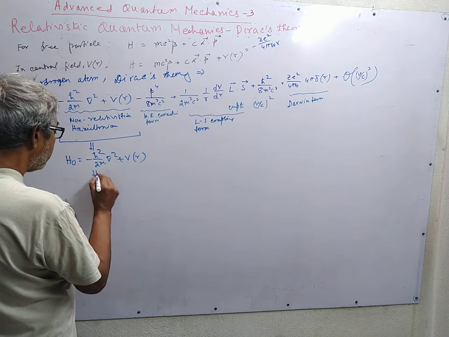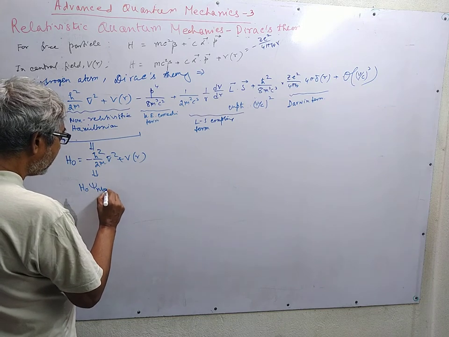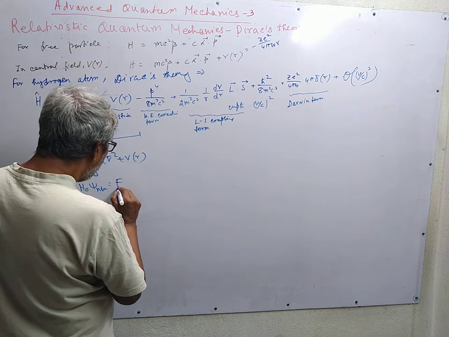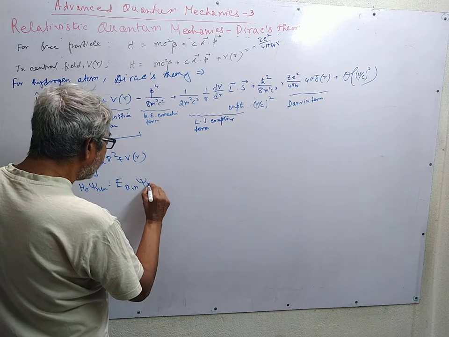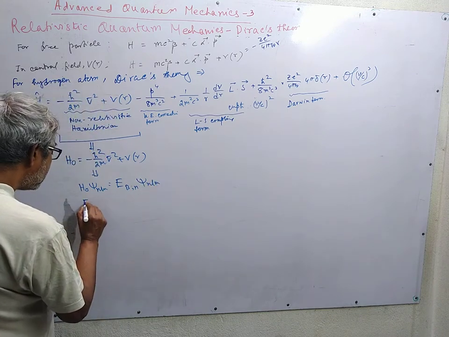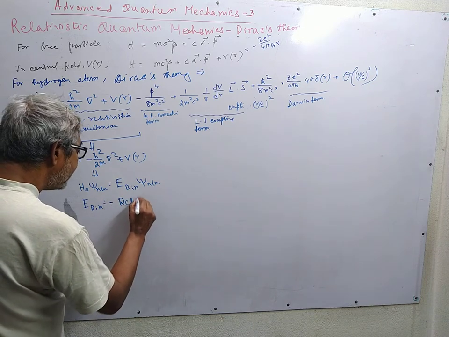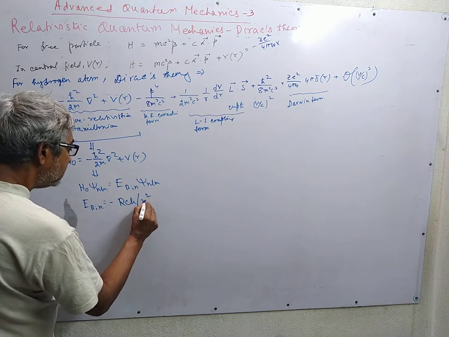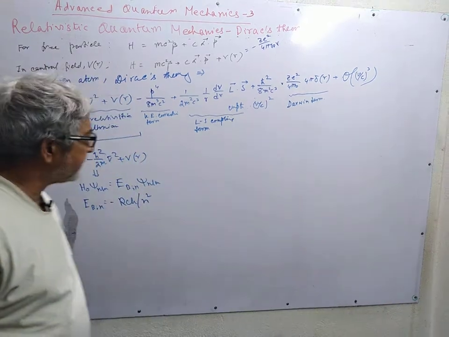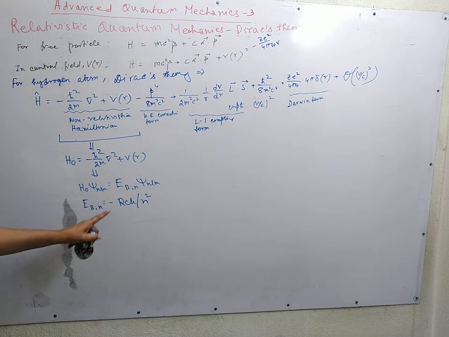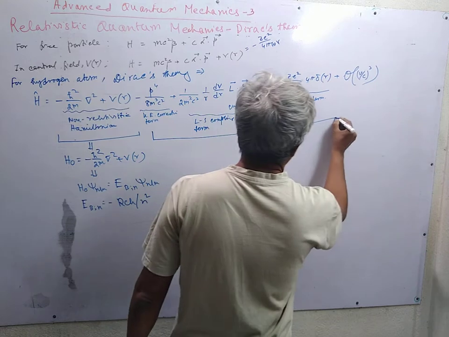This is exactly solvable, and we know that H0 psi n l m is equal to E n psi n l m, which is Bohr's theory. The energy depends only on n, and the Bohr or Schrödinger energy is given by minus R c h, Rydberg constant, divided by n square. This is a known part, and the rest we can consider as a correction over the exactly solvable part, and it is treated by perturbation theory.